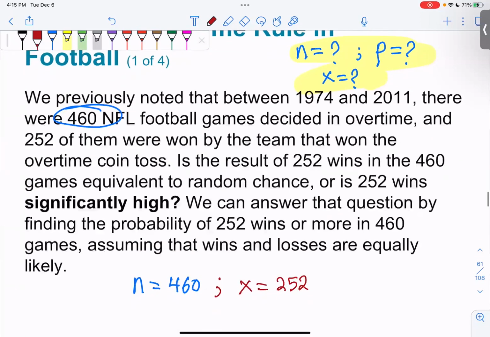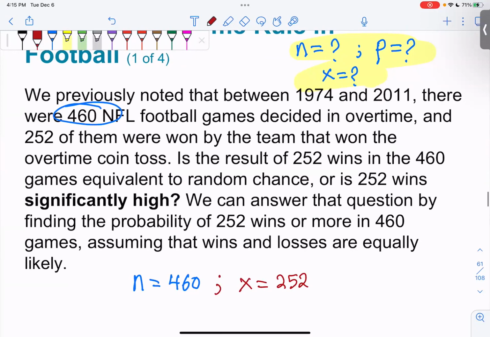And then for p, it's a coin toss, right? How many outcomes do we have? 2. Since we have 2 outcomes, one of the outcomes we're interested in and the other one we are not, the probability of success will be 0.5, right?